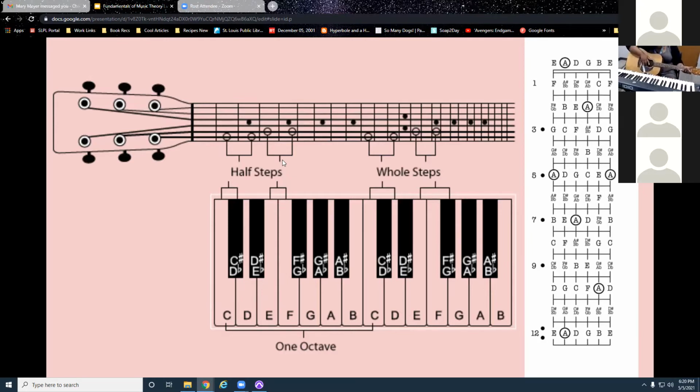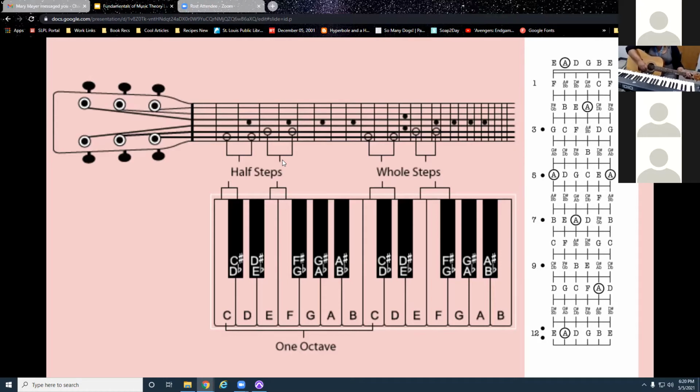If I put my finger down on the second thinnest string on the first fret, that's a C. If I go up one, still pressing on the same string but now on the next fret, that would be C sharp or D flat, depending on my purposes. Then going to the next one, D.